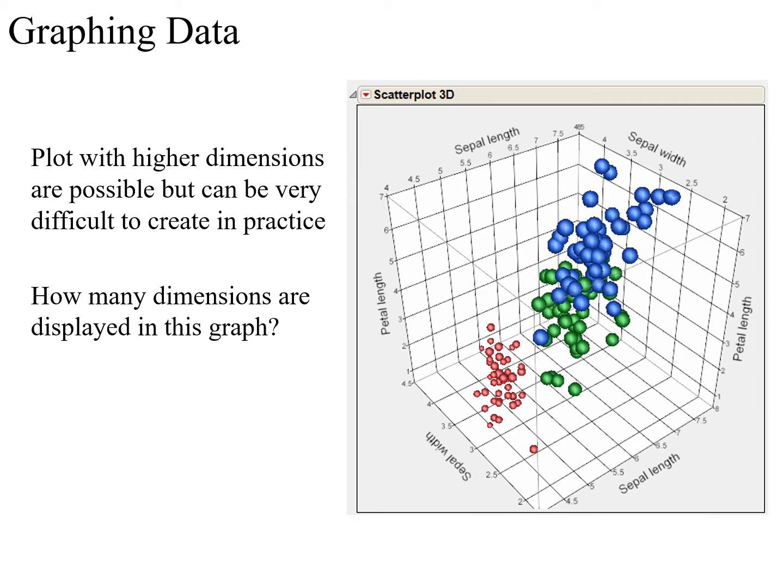And there are two more pieces of information being shown. One is species, which is shown by the coloring, and then there's another dimensional variable that's being shown by the size of the spheres, where each sphere is identifying a particular object or instance of the data.